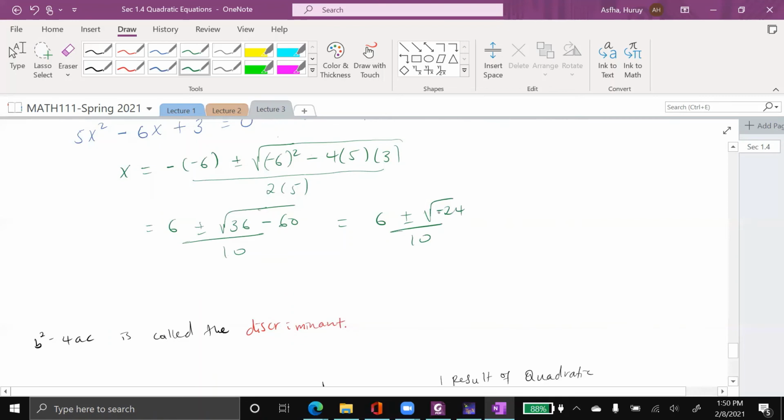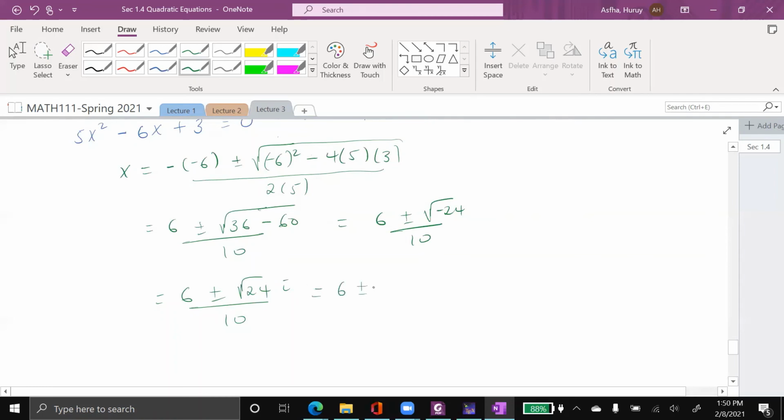And again, you have here an imaginary number, because we have a negative number inside the square root. Therefore, we have to handle that one, and that's root 24i over 10. And we can simplify this one further. Root 24 is 4 times 6, so this is 2 root 6i over 10.